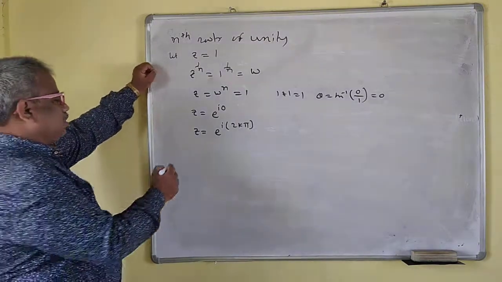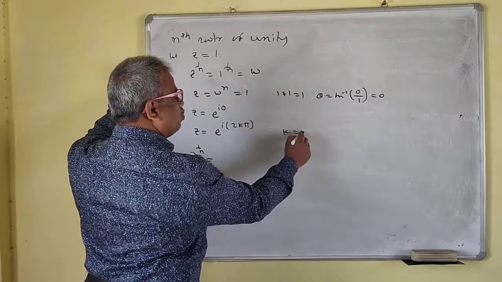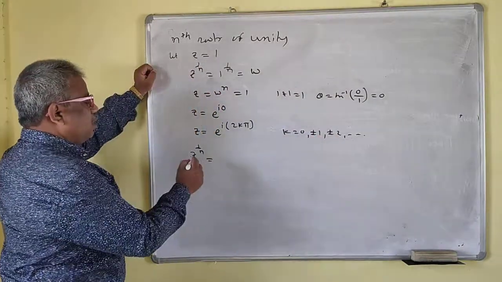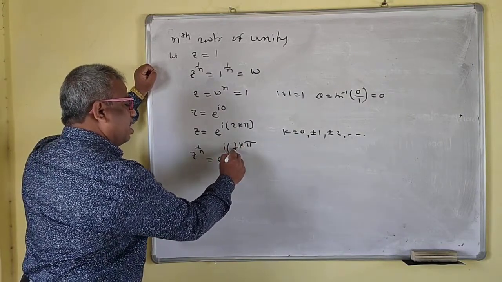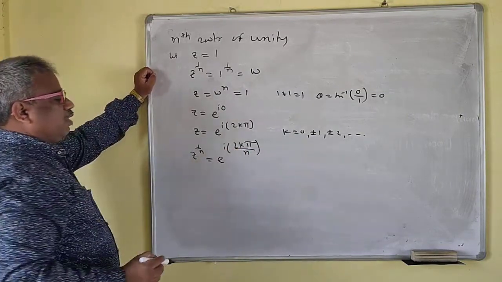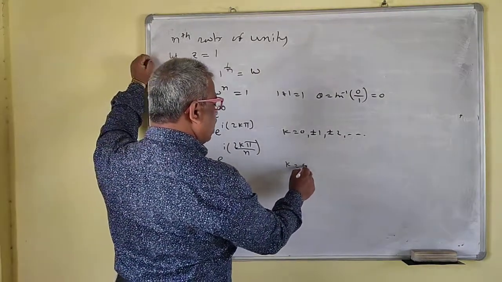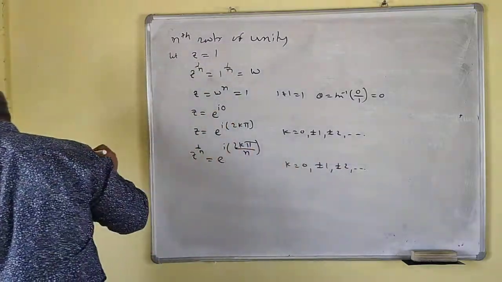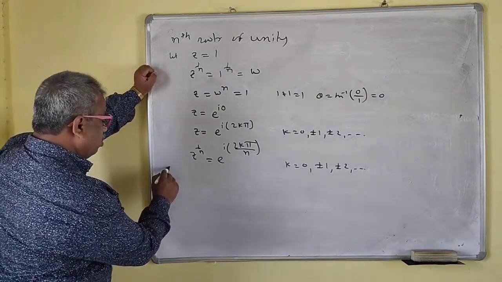Now z raised to 1 by n. Here k is equal to 0, plus or minus 1, plus or minus 2, and so on. So this is e raised to i twice k pi upon n. Here also k is equal to 0, plus or minus 1, plus or minus 2, and so on.